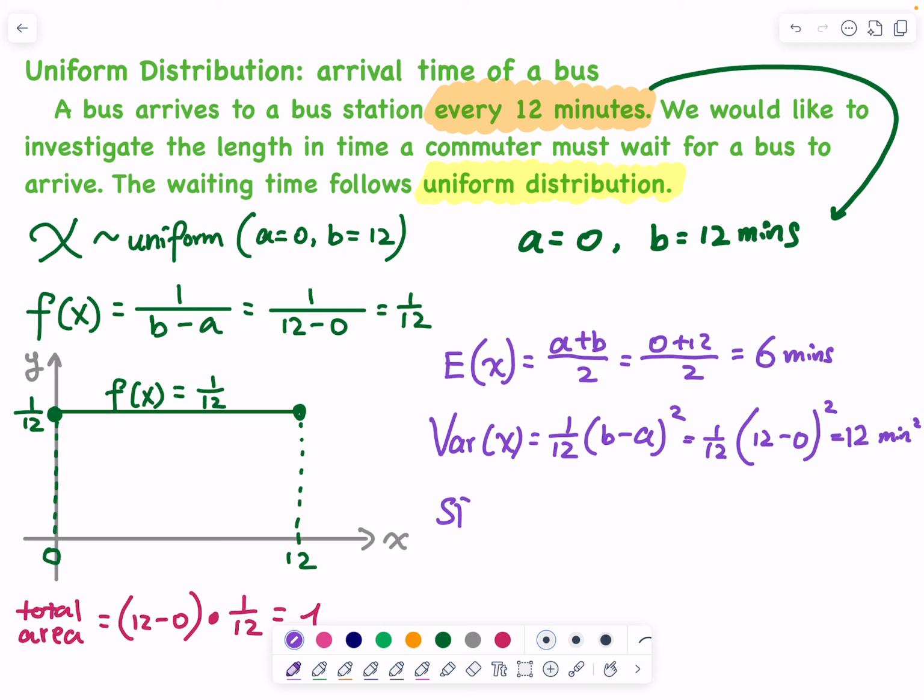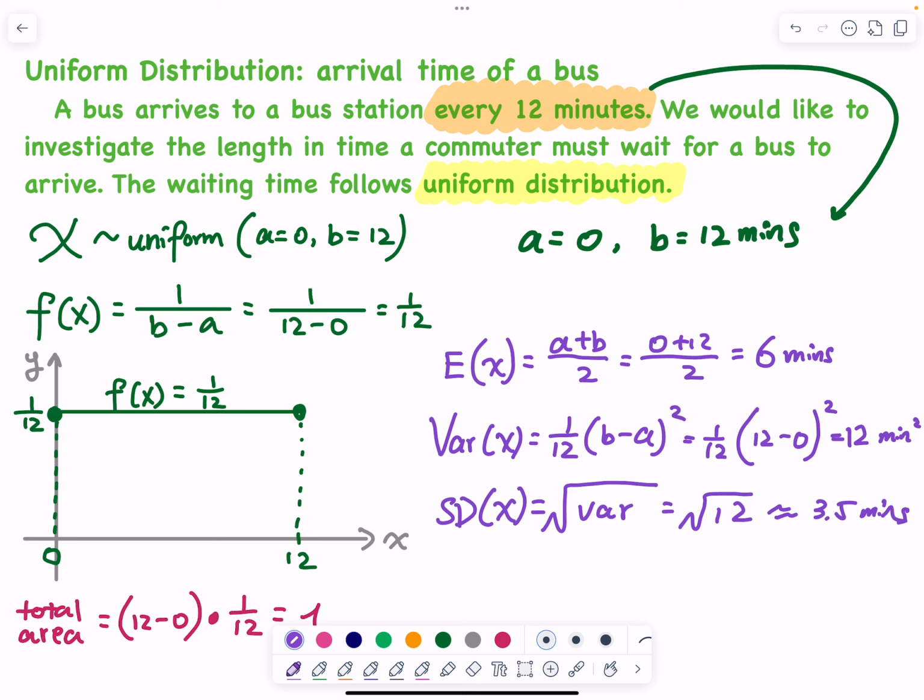That's why we need a standard deviation. The standard deviation is the square root of variance, which is the square root of 12. That is approximately equal to 3.5 minutes. So we have the expected value, the variance, and the standard deviation. How do we use these numbers?